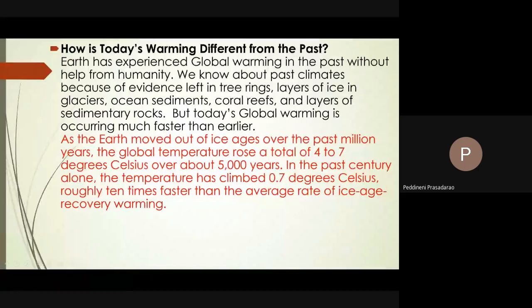So because of the presence of these greenhouse gases in the lower atmosphere, the temperatures are rising slowly and very steadily. This process is what we call global warming or the greenhouse effect.